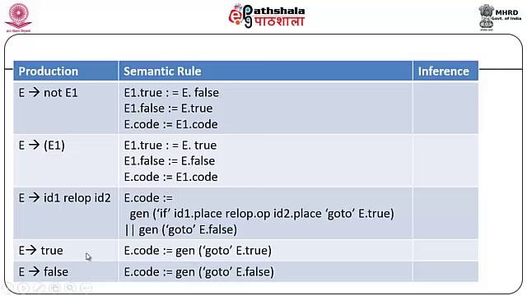If the expression is E produces true, you simply generate go to E.true. If the expression is false, you simply generate go to E.false. These are the same as earlier, but only this is different, where earlier you generated a hyphen and then accommodated next statement plus 3 and so on, whereas here it is going to be continuous, as we are going to assign a true label or a false label here.